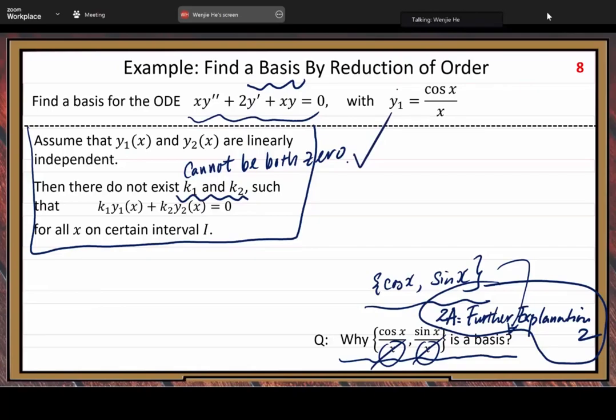Here, we want to prove this form of basis. We use the contrapositive method.